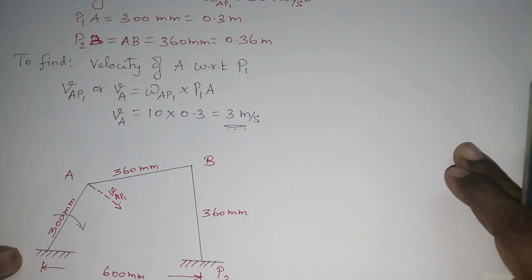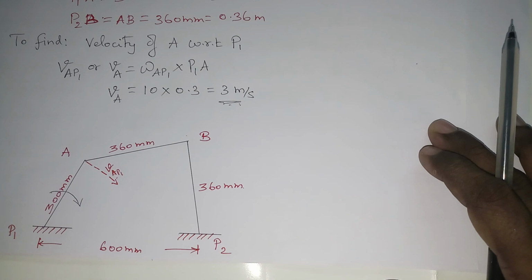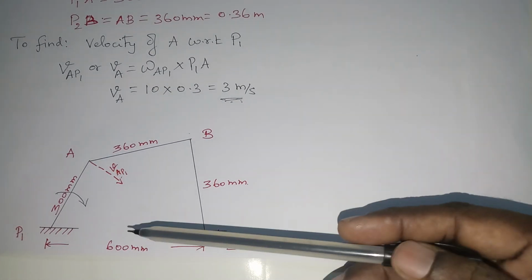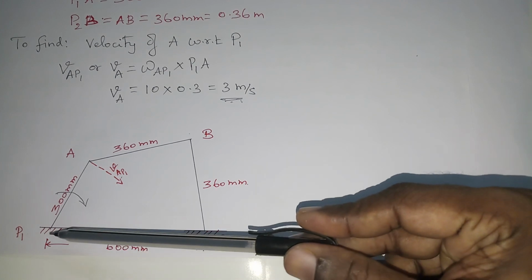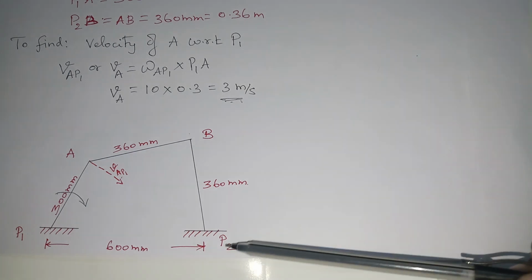Let us see how to construct the velocity diagram for the given 4-bar chain. The first thing you have to notice is to take the fixed points. Here the fixed points are P1 and P2.